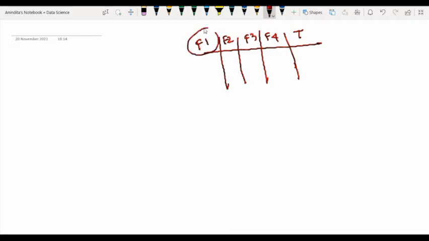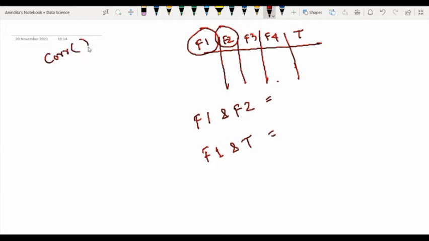Now say I am finding the correlation value between the F1 and F2 features. And in another situation I am finding correlation between the F1 and the target feature. So two cases I am considering. Now if I call this correlation function on the data frame, then it will give me some output in terms of numbers.